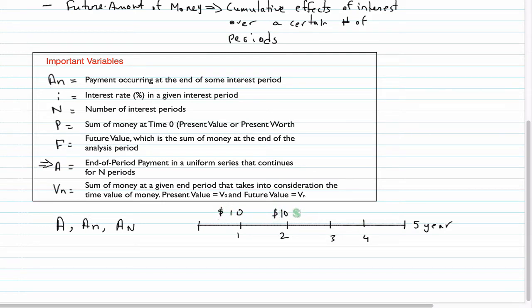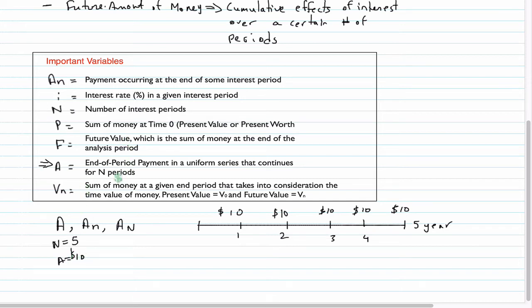We were paying for a subscription on a website, Netflix, let's say, and our receipt is $10. So this is basically what A is. A would be the $10 over the n period, right? That continues for n periods. In this case, n is the number of interest periods, so n is equal to 5 and A is equal to $10.